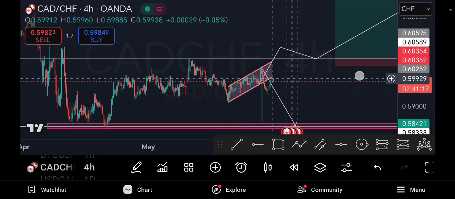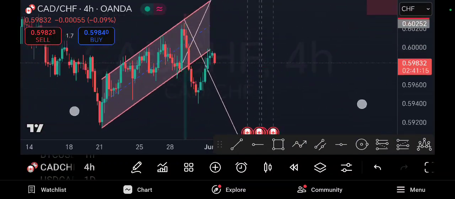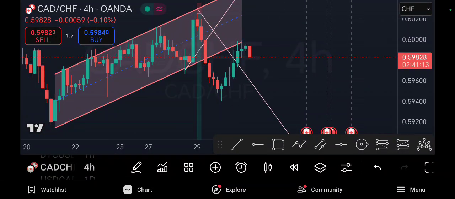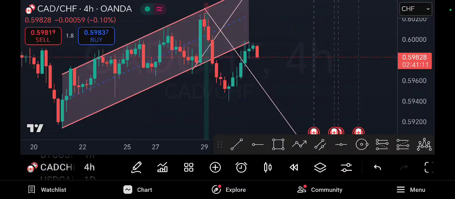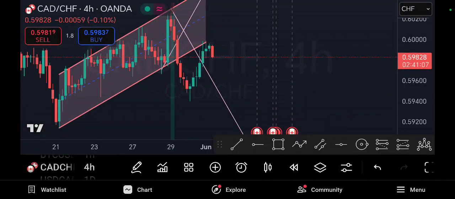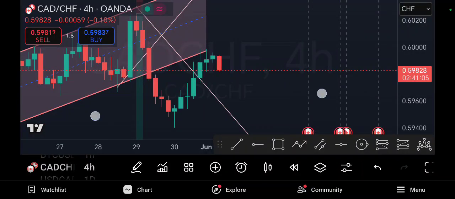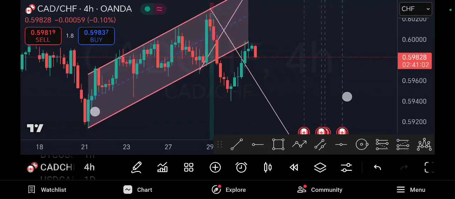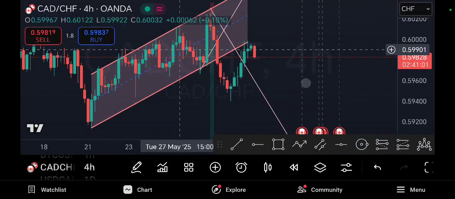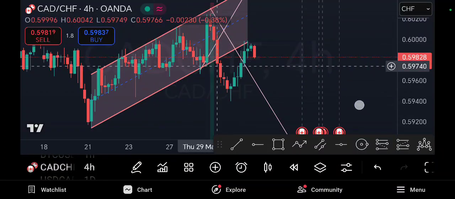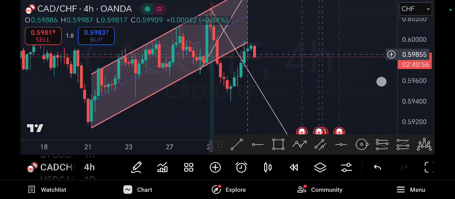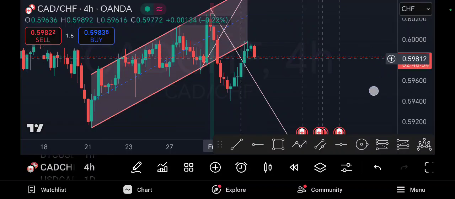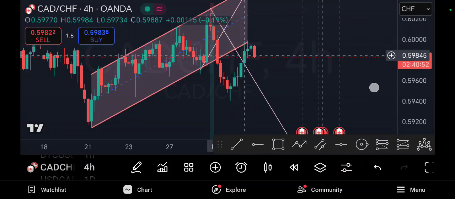It's retesting now. So then we can catch the sells, because if you were in this one, you are already in profits, right? And then here, for you to confirm it, as you can see, this is rejecting. It's being rejected.